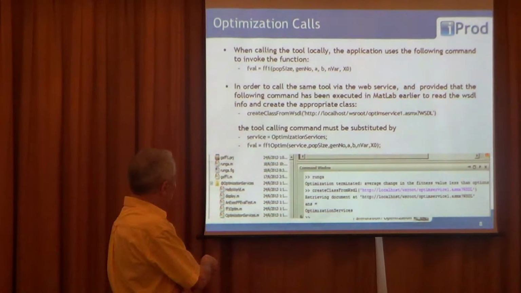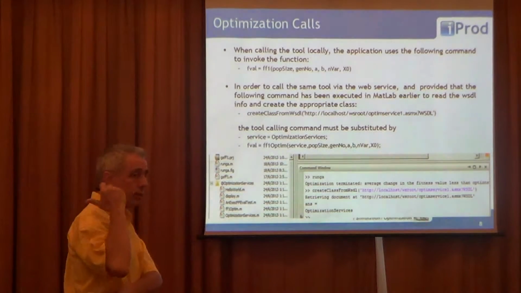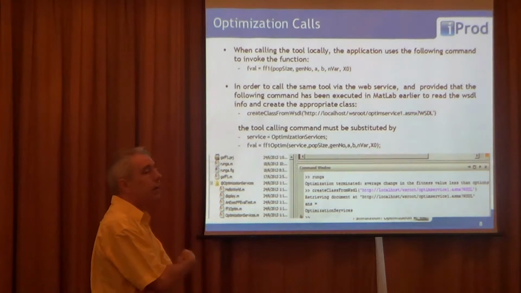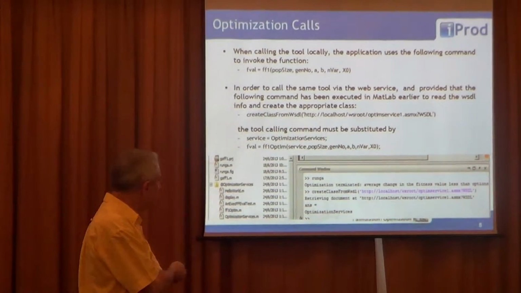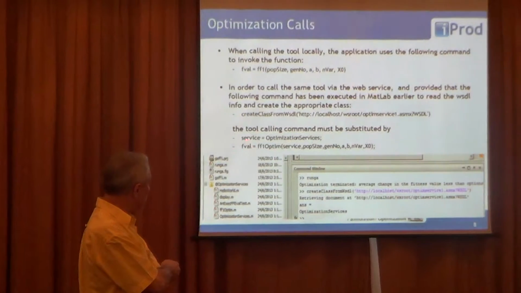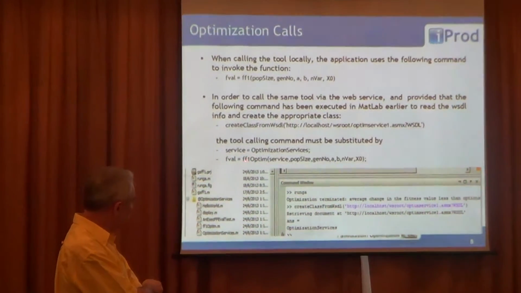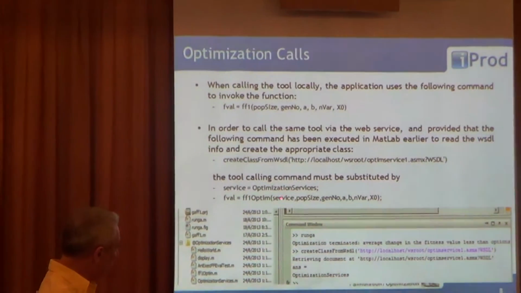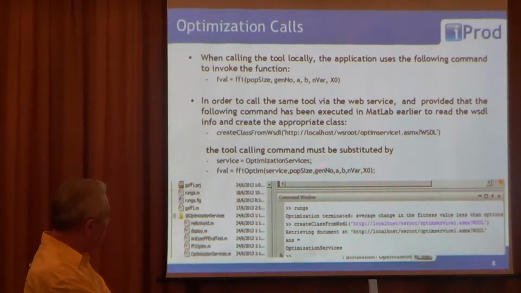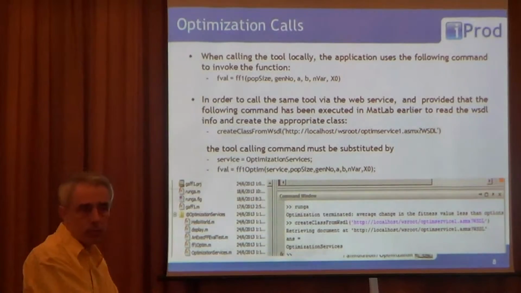When I have to call it through the internet, I first had to make it read this WSDL file, so it learns how to call it and what to pass, and then from this class that it creates, I say, give me the FF1, the same function, from this service on the internet, over HTTP, with the same arguments on both sides, and it works.